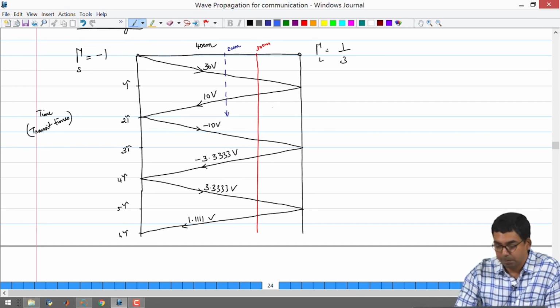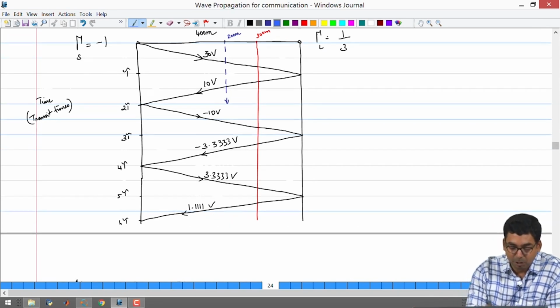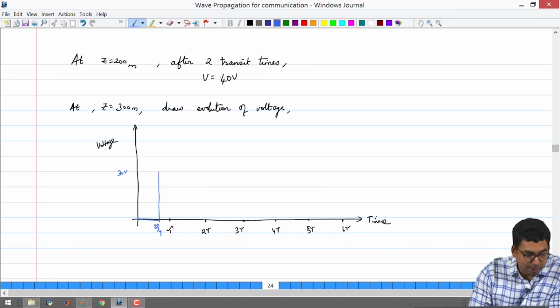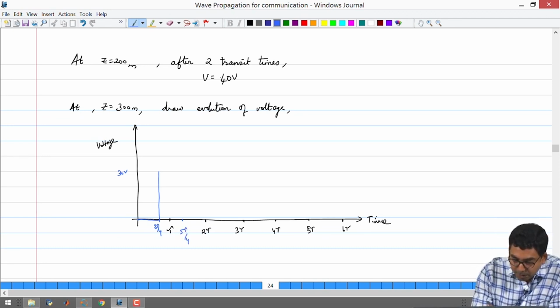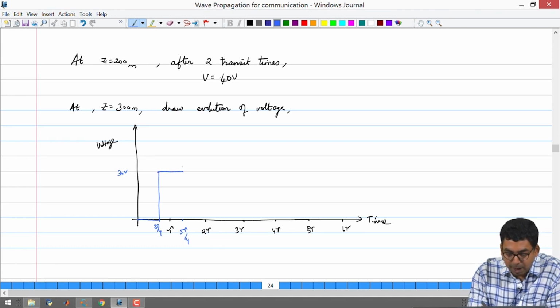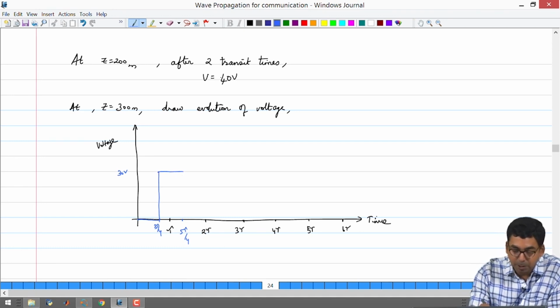So you can go ahead 3 tau by 4 plus half the transit time, that is going to be 5 tau by 4. So till that place your voltage is going to remain fixed at 30 volts, and then at that point it is going to spike to 40 volts.